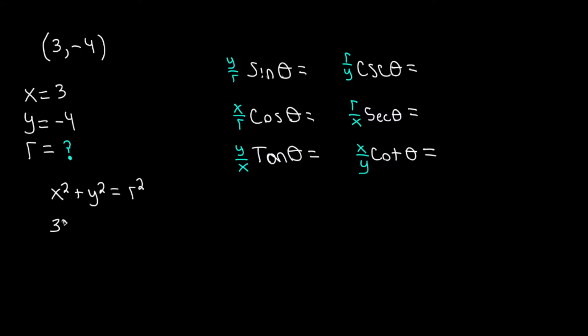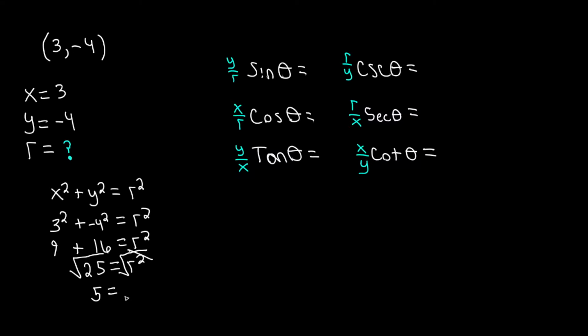So we just plug in our information. 3 squared plus negative 4 squared equals r squared. So this would be 9 plus 16 is equal to r squared. 25 is equal to r squared. It's just basic algebra now. Square root of both sides so that we can get the r alone. Square and square root cancel out, and we're left with 5 is equal to r.